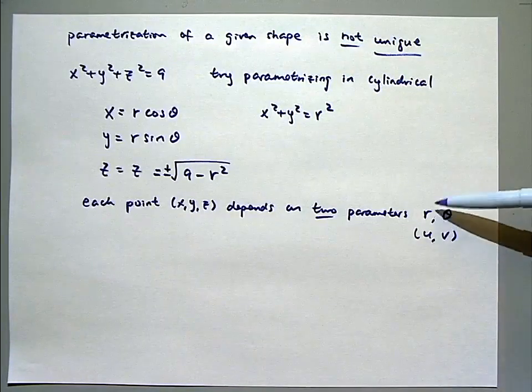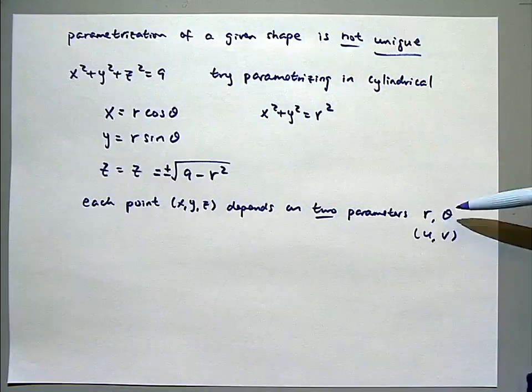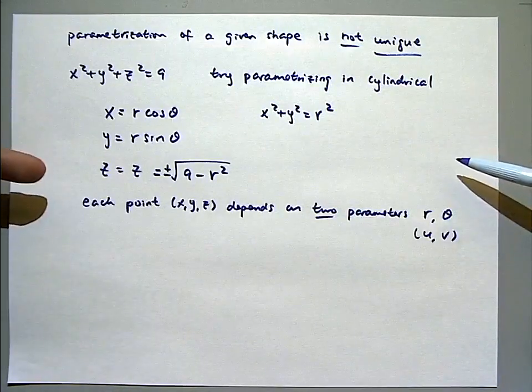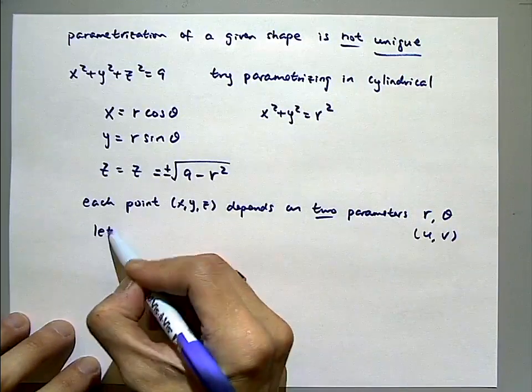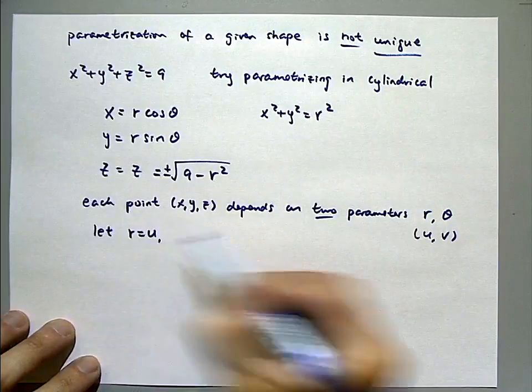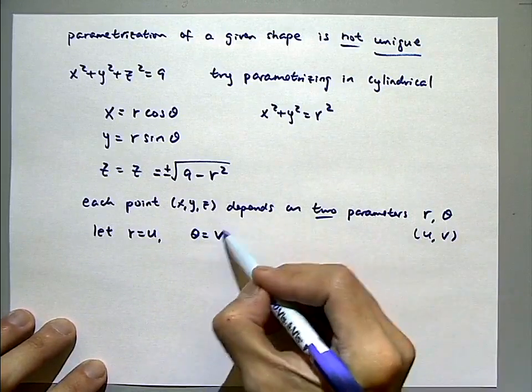I can control r, I can control theta. To form all the points on that sphere, each time you need to give me an r theta pair, then I can give you an x, y, z triplet, and that's one point on that sphere. And we can keep doing that until we get our sphere. So again, arbitrarily, we're going to let r be u and theta be v.